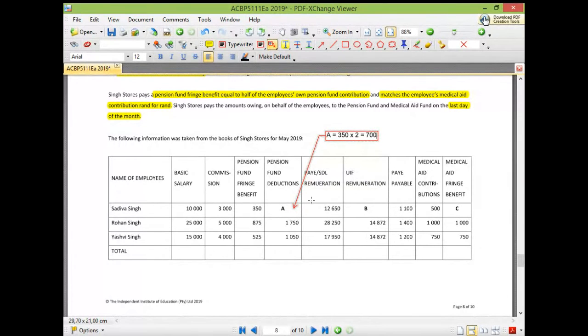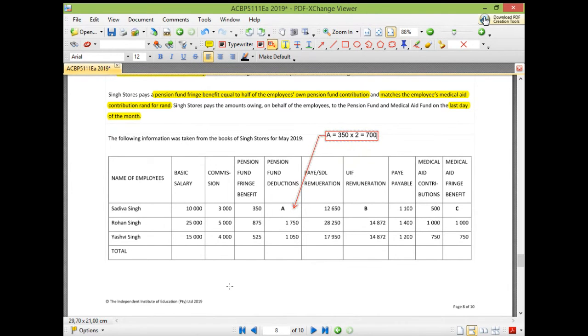Okay, then they show you the pay-as-you-earn SCL remuneration. Now this is based on these amounts here in the beginning. We would work out your SCL remuneration, and your UIF remuneration is also based on these amounts.